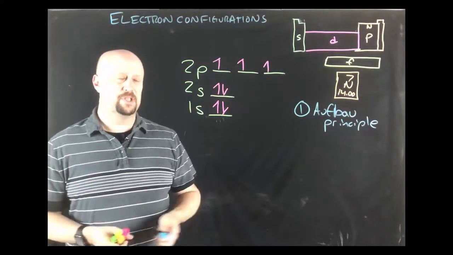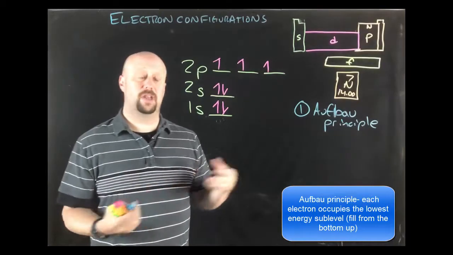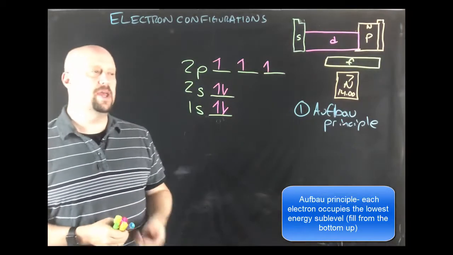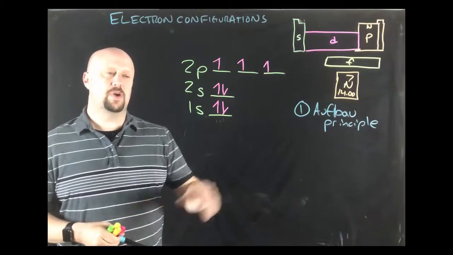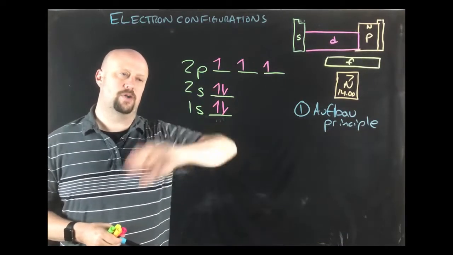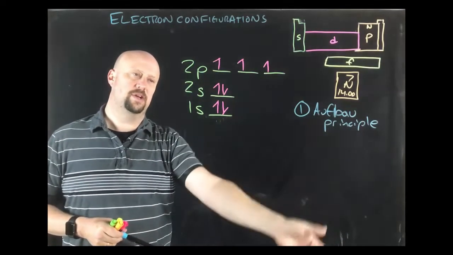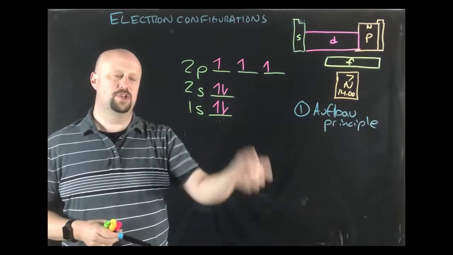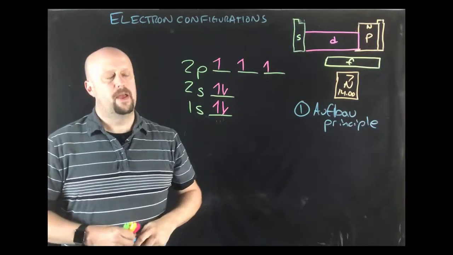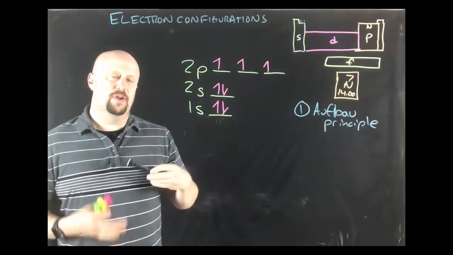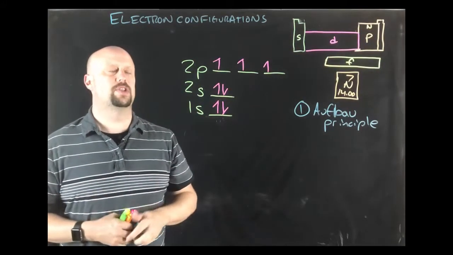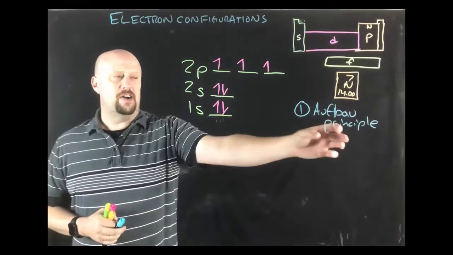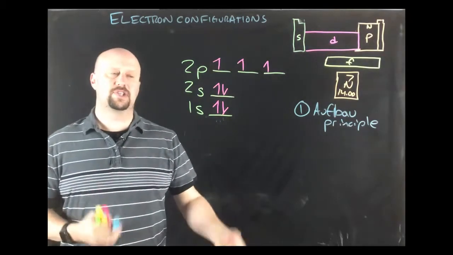But what the Aufbau principle really says, when it boils down to simple normal person speak, is start at the bottom. Remember that if we were drawing this in some sort of Bohr model structure, this would be energy level 1 and this would be energy level 2, and there's a nucleus here. And so you want to start filling your electrons closest to the nucleus. The lowest energy electrons are going to be closest to the nucleus. And what the Aufbau principle then tells us is start from the bottom.